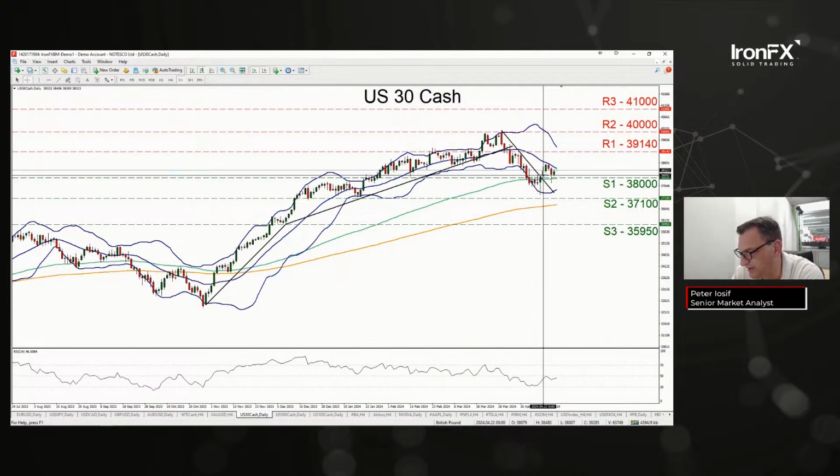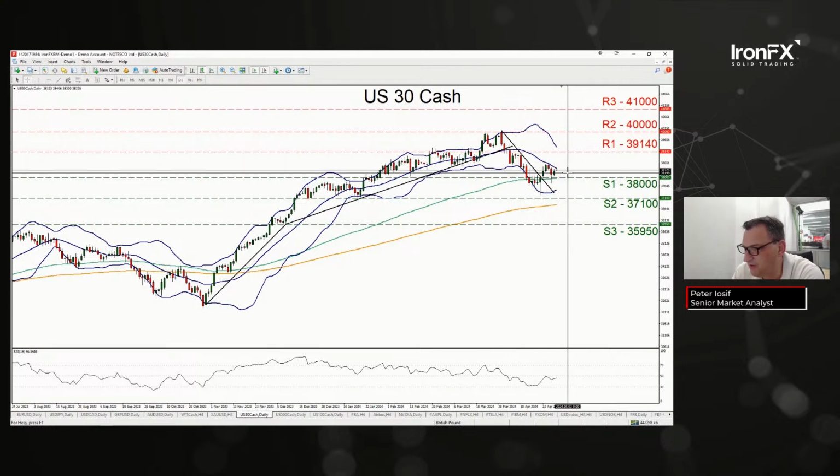On the 22nd, the price action moved above the downward trend line, which exactly signaled an interruption of the downward motion. Yet it failed to materially break the S1 38,000. So I would expect that the price action remains in a sideways motion above the S1.